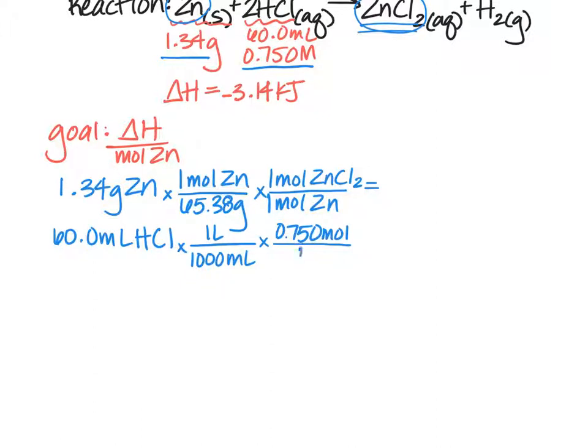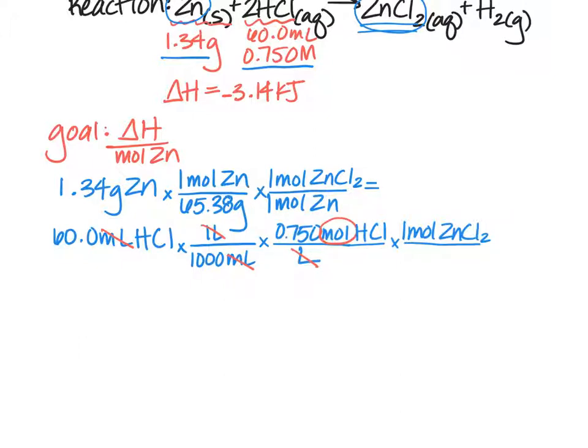Big M is the same as moles over liters. So notice that liters will cancel and milliliters will cancel, and you're going to be left with moles of HCl.